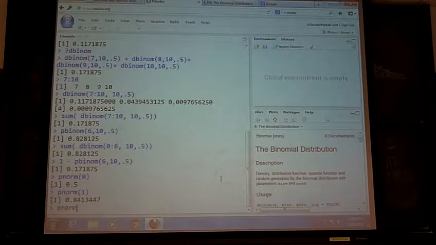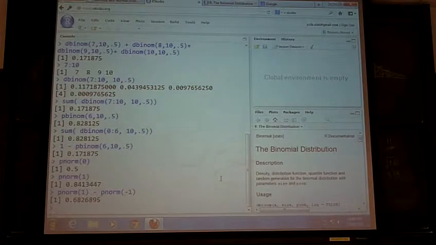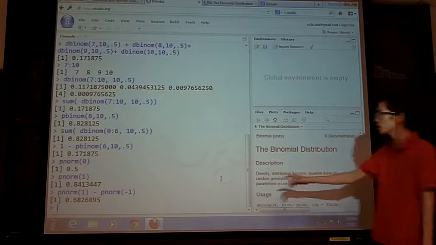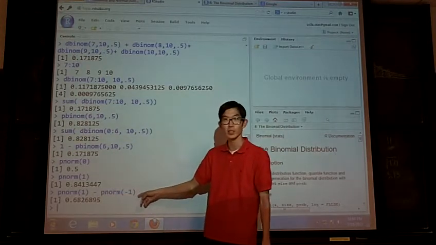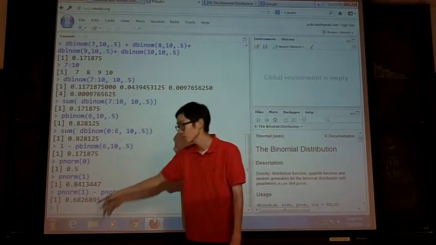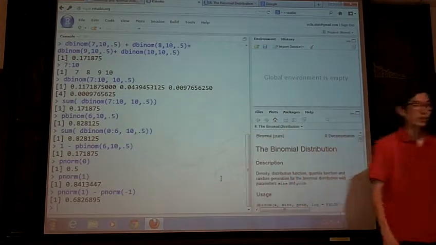So if I do pnorm(1) minus pnorm(-1), what is this going to give me? About 68%, right? Because this is the area between a z-score of 1 and negative 1. Okay, so it's giving me 68% there.